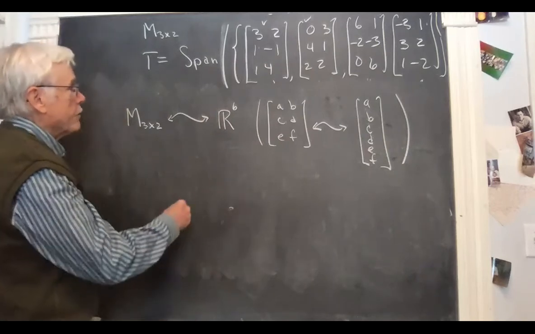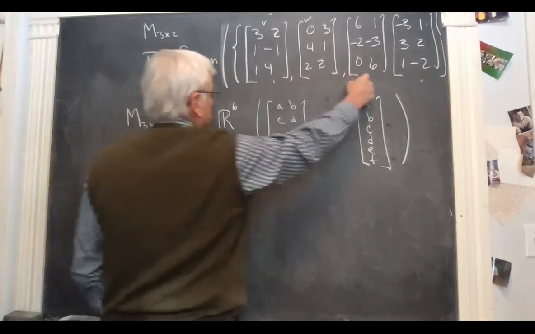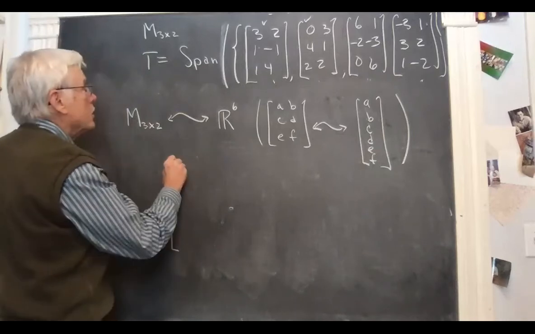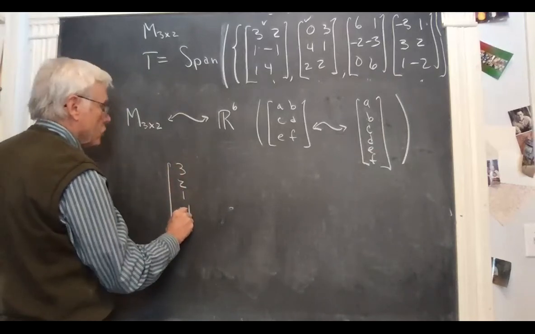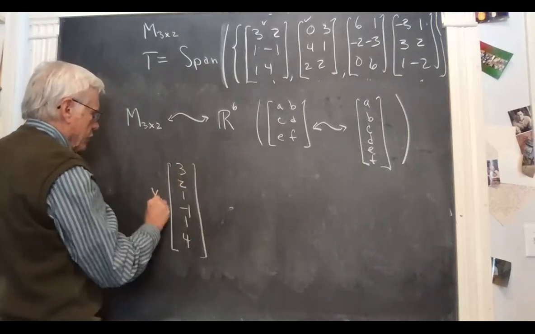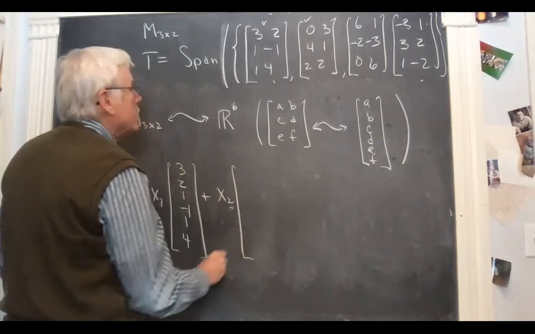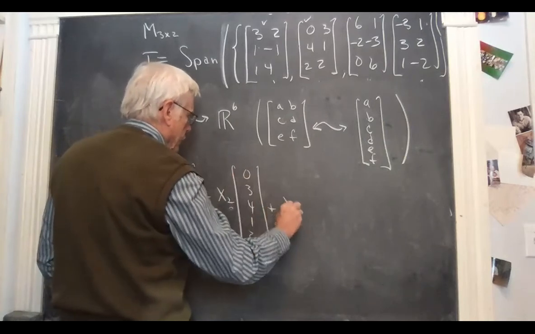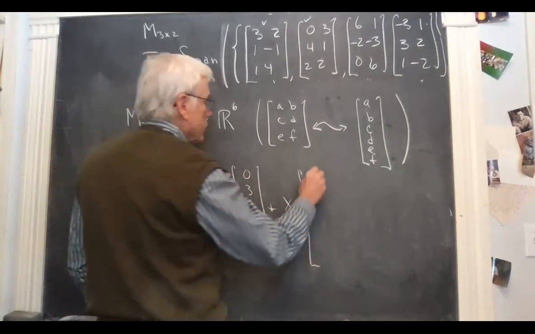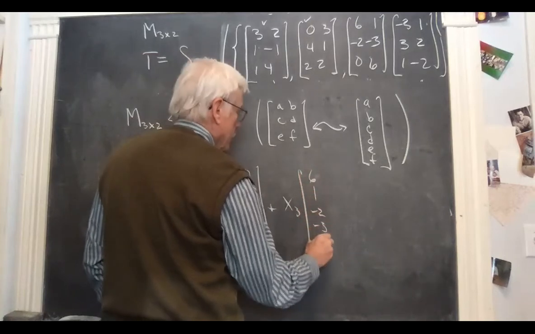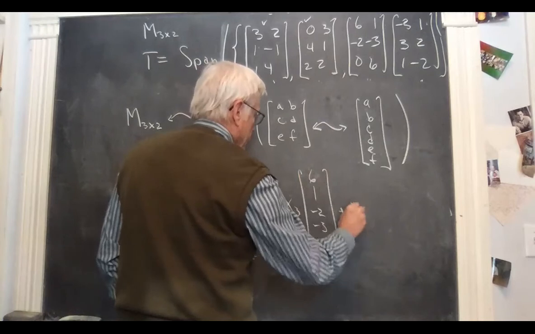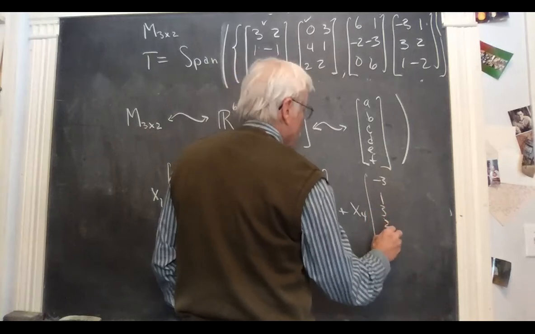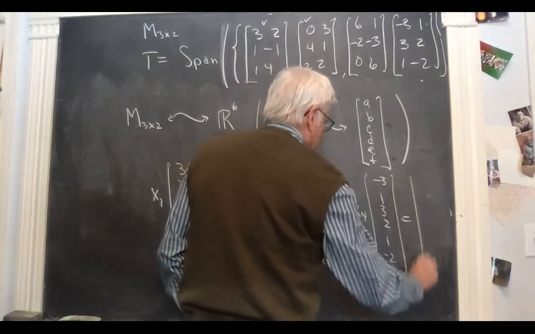So here we have the 4 vectors corresponding to these: (3, 2, 1, minus 1, 1, 4) times x1, plus x2 times (0, 3, 4, 1, 2, 2), plus x3 times (6, 1, minus 2, minus 3, 0, 6), plus x4 times (minus 3, 1, 3, 2, 1, minus 2), equal the 0 vector.